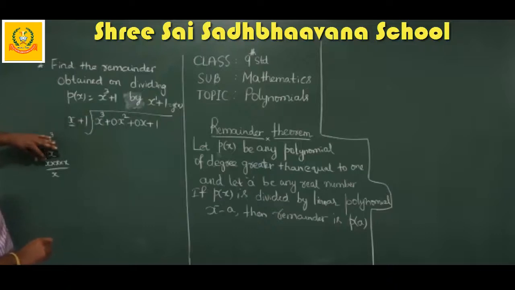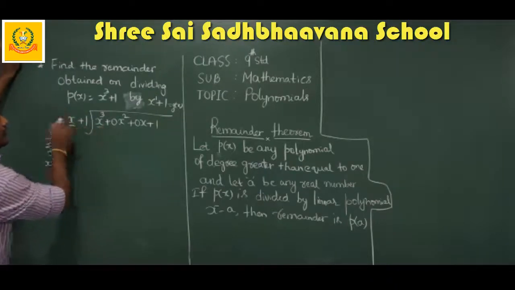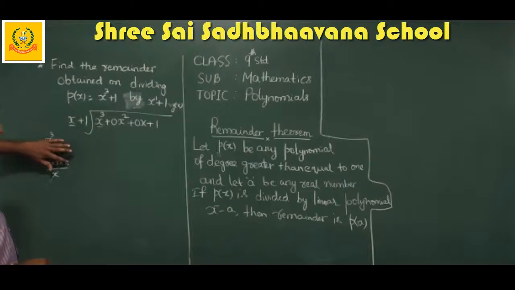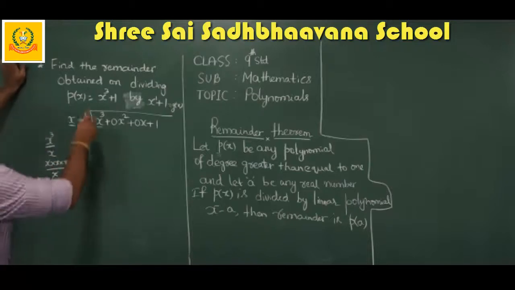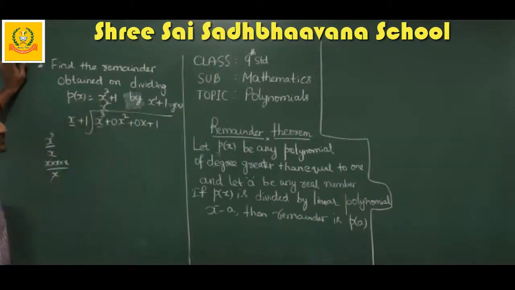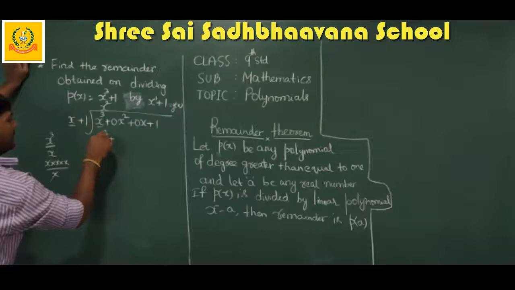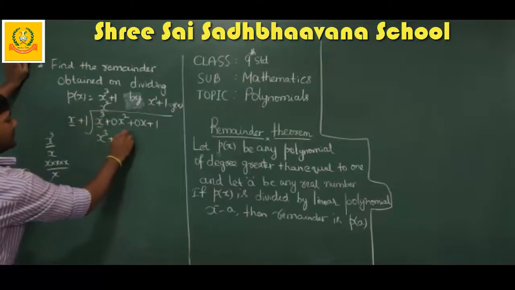So x cube can be written as x into x into x, and we are dividing the first term of the dividend by the first term of the divisor. So x will get cancelled. x into x is x square. So take it as x square. Got it?